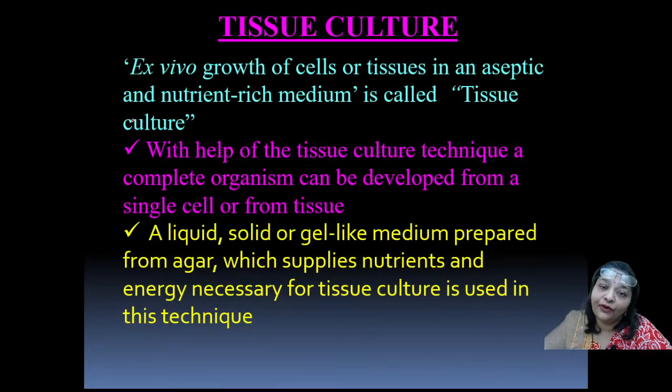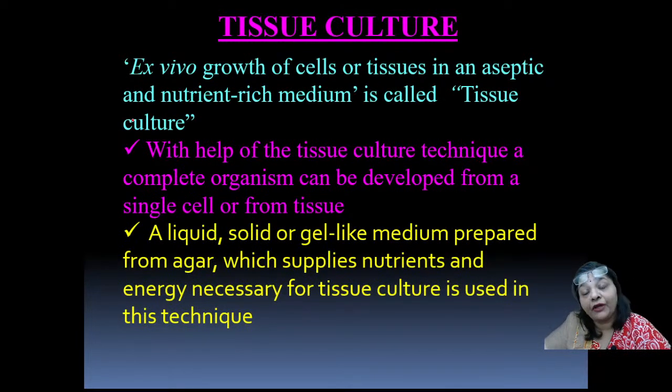So using this agar, either a solid nutrient medium, or a liquid nutrient medium, or a gel-like nutrient medium is produced. We simply call it agar medium or agar nutrient medium. This is a general process we are going to see, and generally we use agar in the nutrient medium.